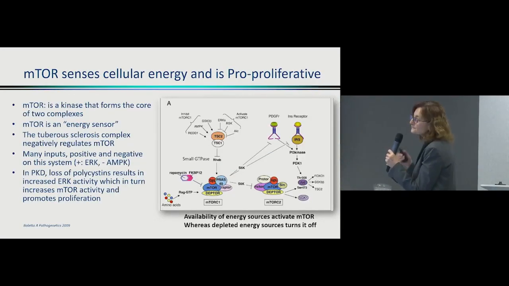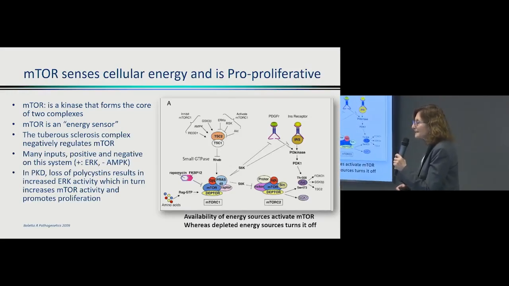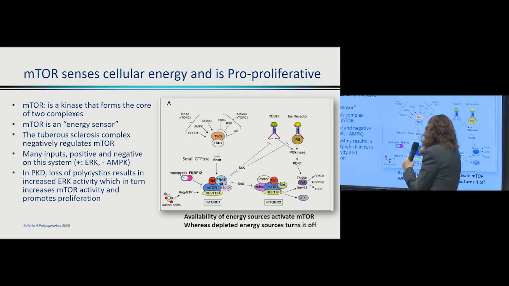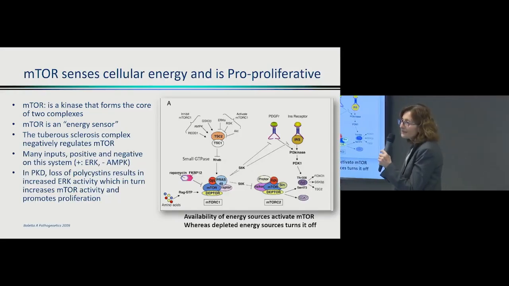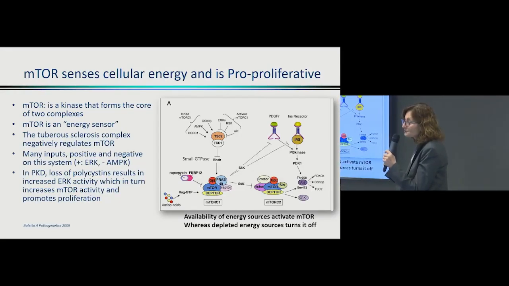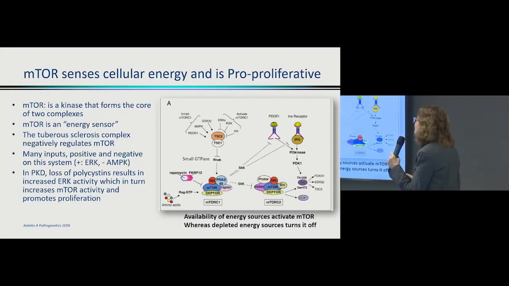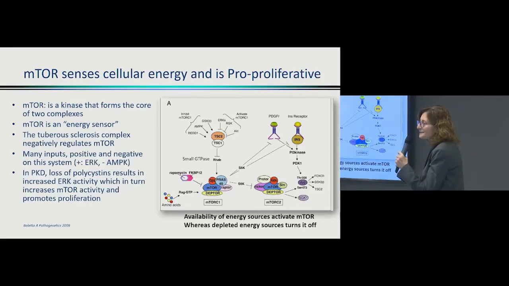And this is, of course, again, a really complicated pathway, but I just want to briefly summarize it to say that mTOR, which is the central protein in this complex, is an energy sensor. And the genes that are involved in tuberous sclerosis actually negatively regulate it, meaning that when they're intact, they suppress it.